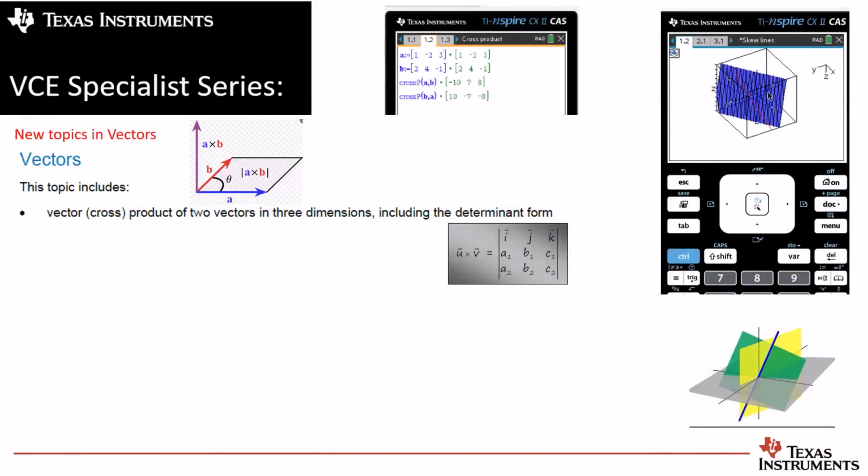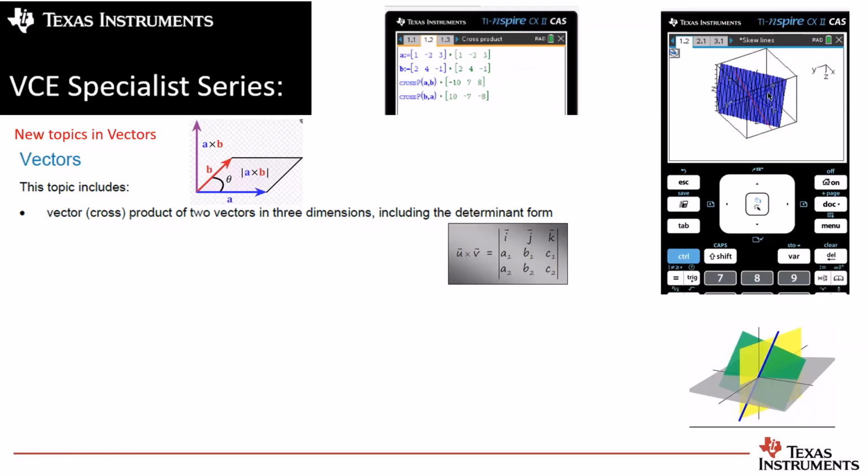So, yes, as Peter said, specialist mathematics is changing quite significantly, and big changes are in vectors. So we have the cross product of two vectors, including the determinant form.